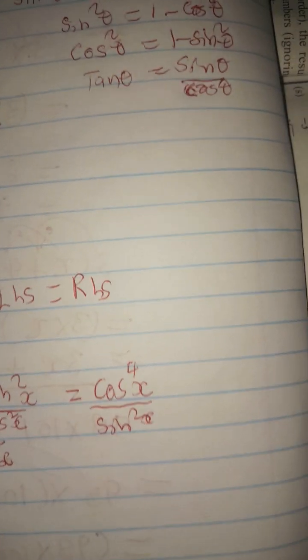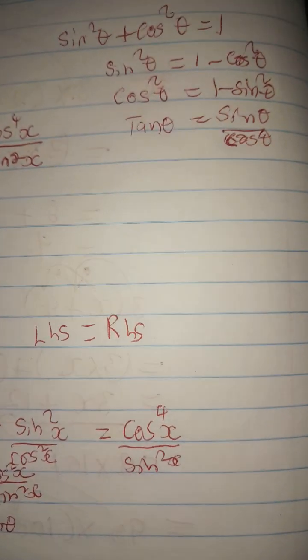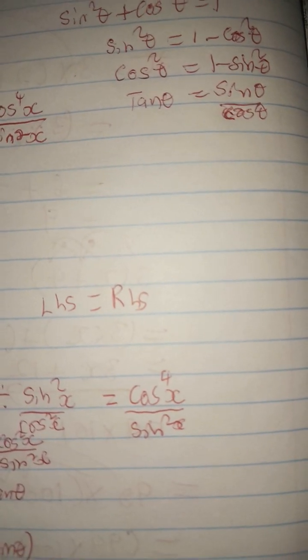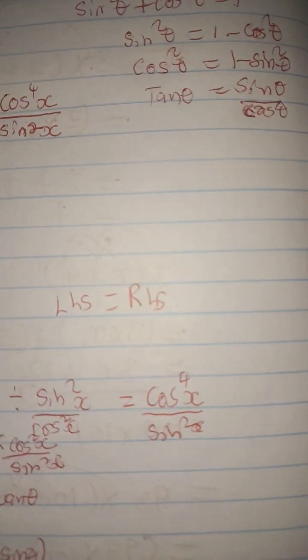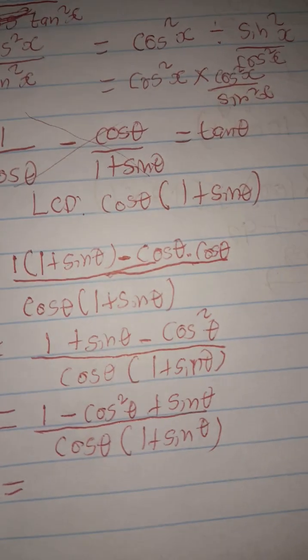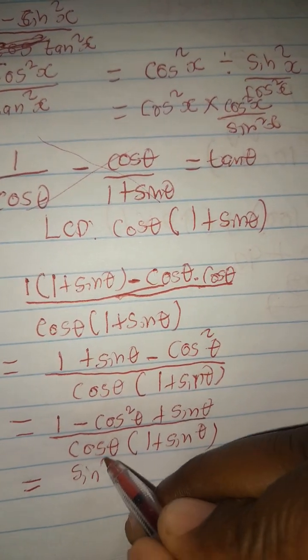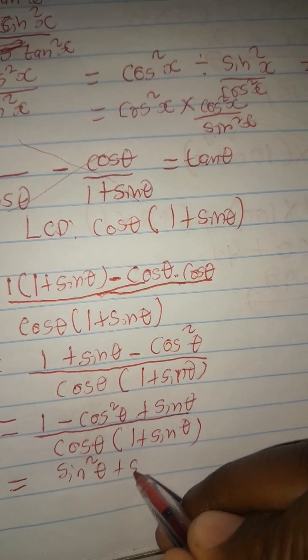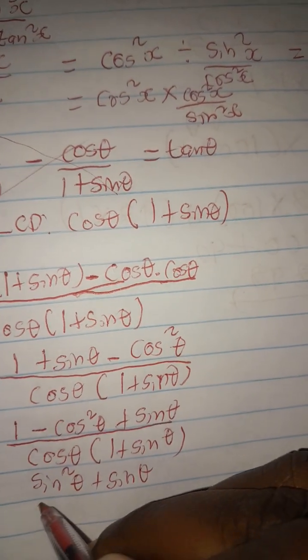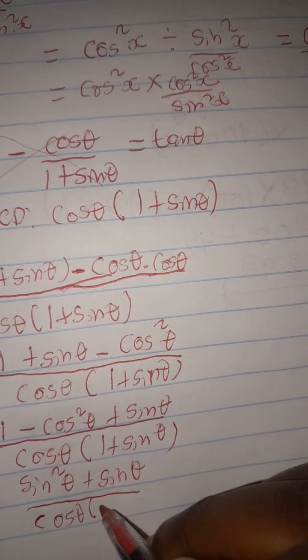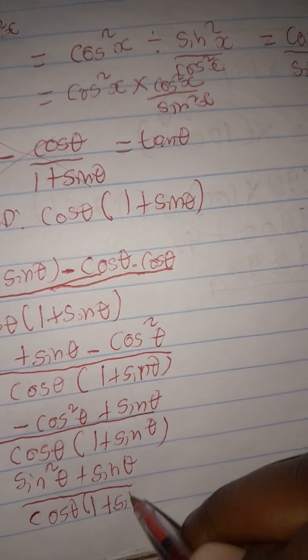Go back to your identities. 1 minus cos squared theta is the same as sine squared theta. So 1 minus cos squared theta is sine squared theta plus sine theta, divided by cos theta, open the bracket, 1 plus sine theta.